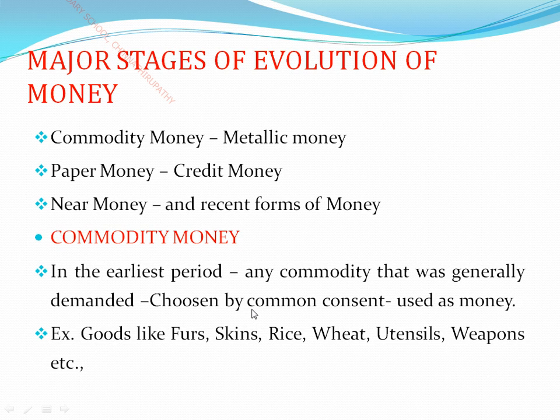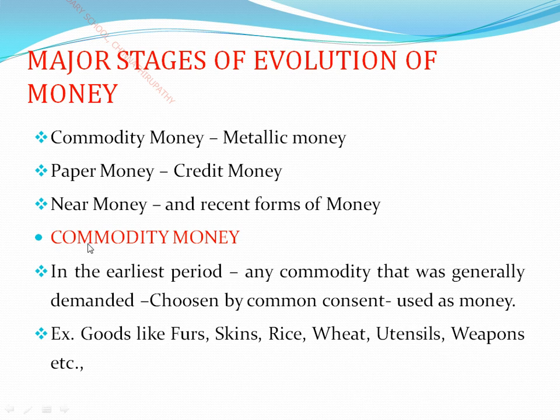Commodity money means what? Commodity money is a money whose value comes from a commodity of which it is made. This is in contrast to representative money, which has little or no intrinsic value but represents something of value, and fiat money, which has value only because it has been established as money by government regulation.